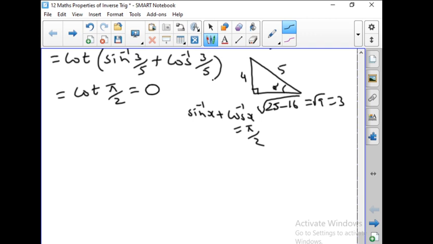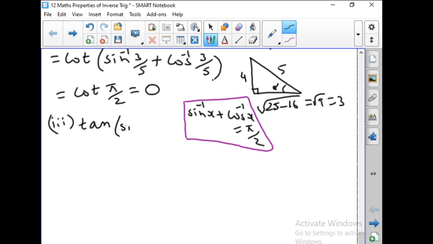So now we will see the third subdivision. This is the result which we are using. Third subdivision in third question: tan of sine inverse of 3 by 5 plus cot inverse of 3 by 2.